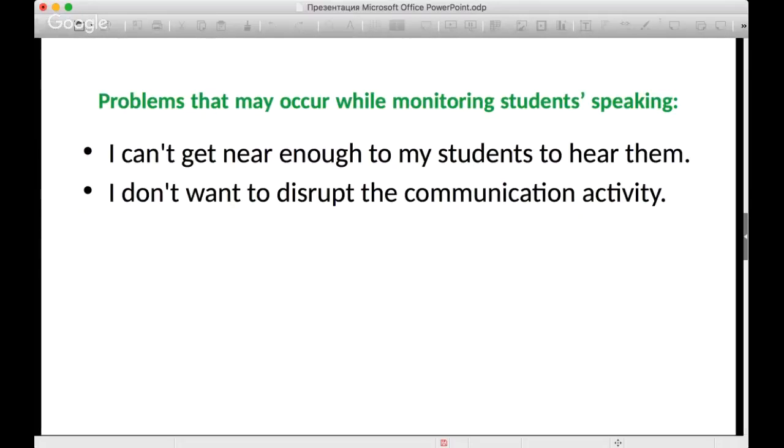So just don't come very close to your students. Leave some space for them so that they feel comfortable.